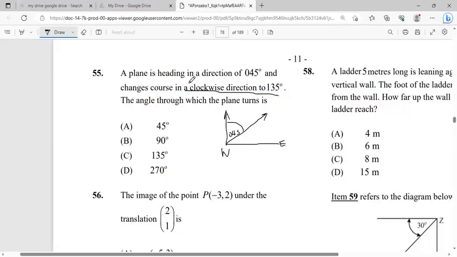A plane heading in a direction of 45 degrees and changes its course in a clockwise direction. Something wrong with that question.